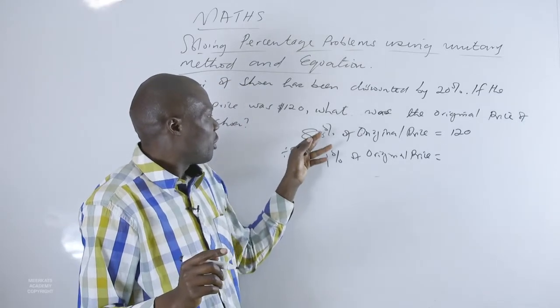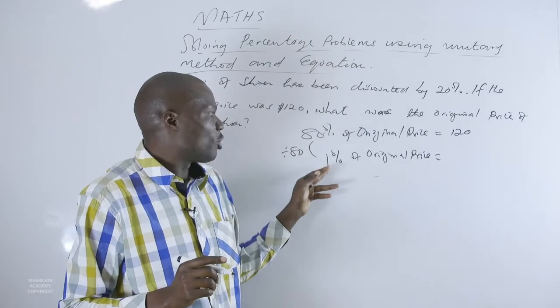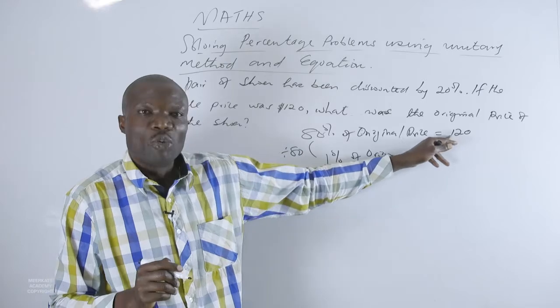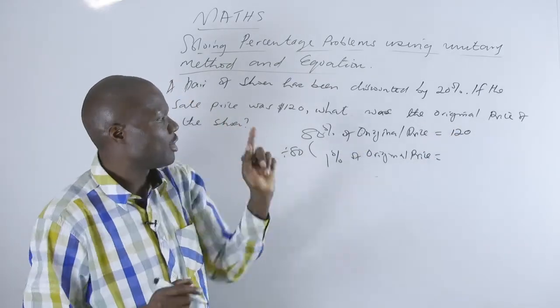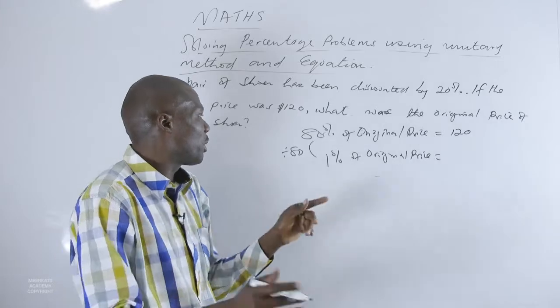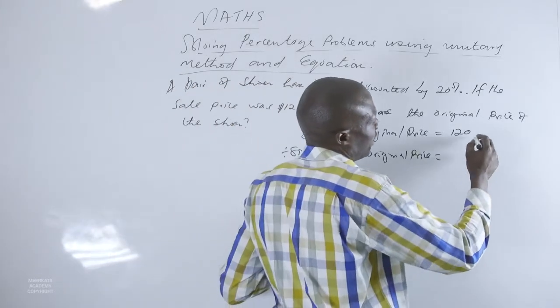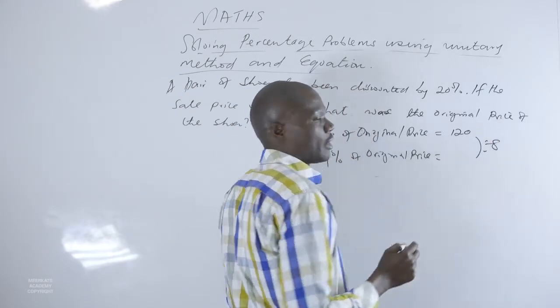So for 1% of the original price, we shall divide the sale price again by 80 to get the amount equivalent to 1%.